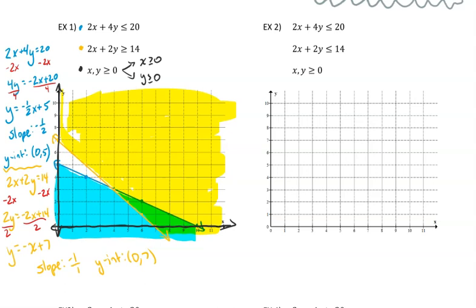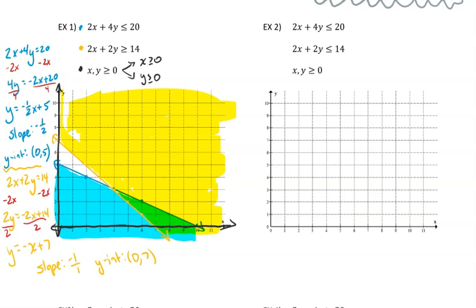Y is greater than or equal to 0 means we want everything above the X-axis. Essentially, it just means that we want only the first quadrant. So whenever we are shading our final answer, we are just going to be paying attention to the first quadrant.